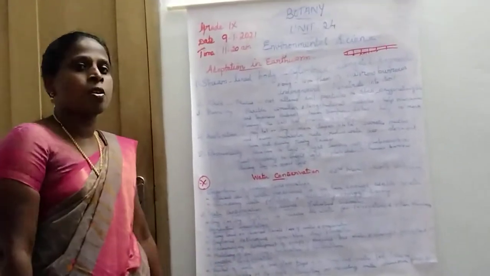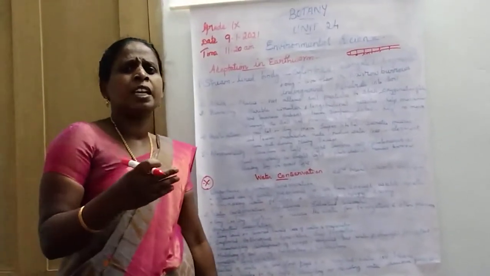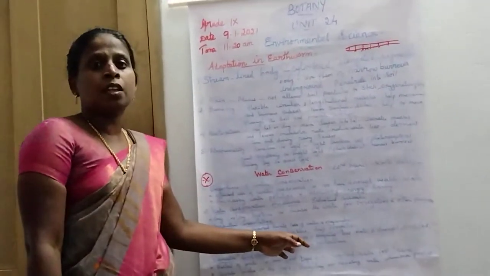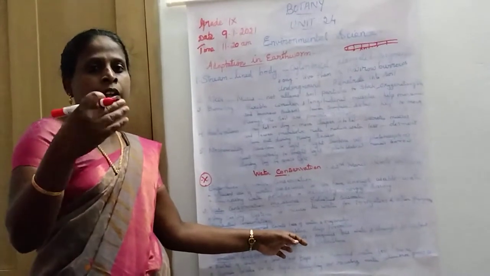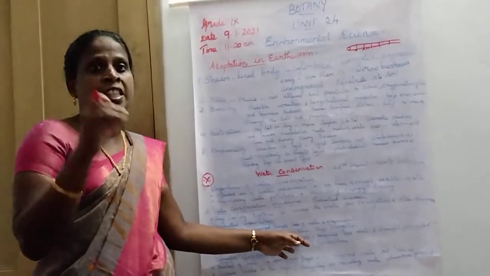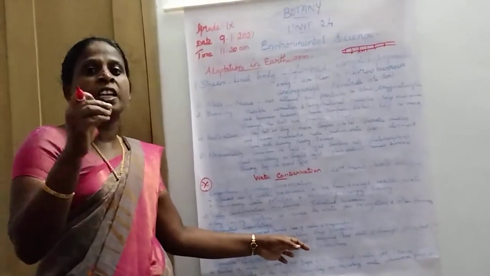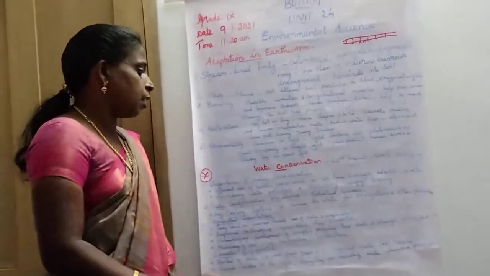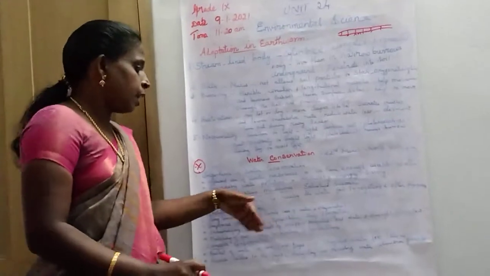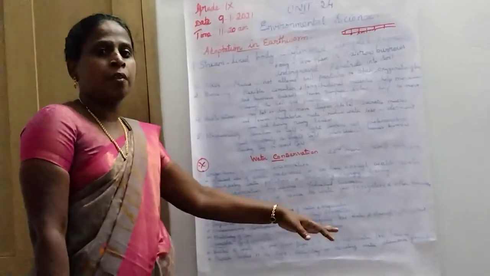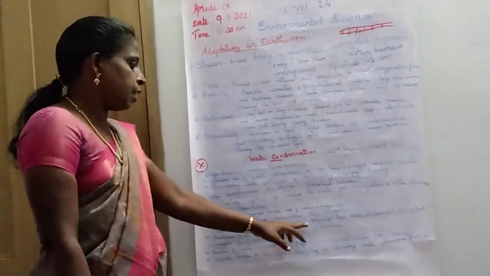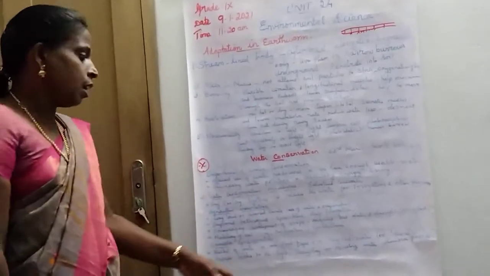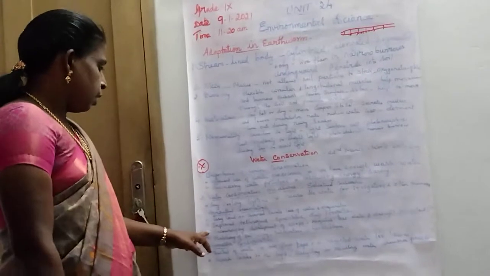Third one is encouraging the development of crops. Nowadays we can see there are disease resistant crops, water resistant crops, and drought resistant crops. Like that, improved crops that require less water and drought resistant crops can be cultivated.